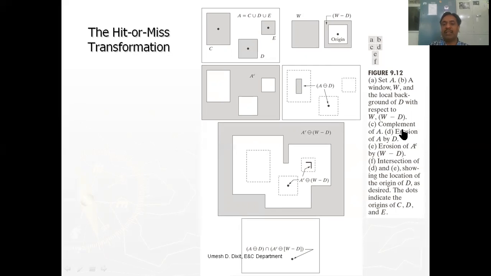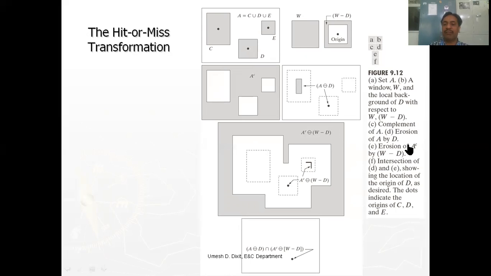Then we take the complement of set A, where we replace ones with zeros and zeros with ones.